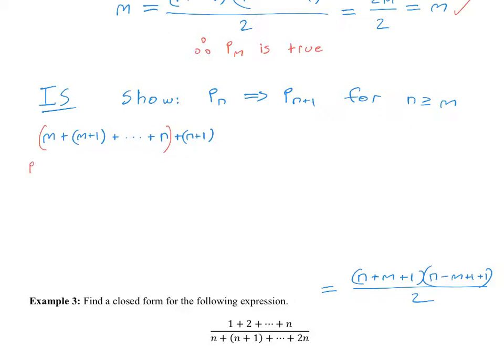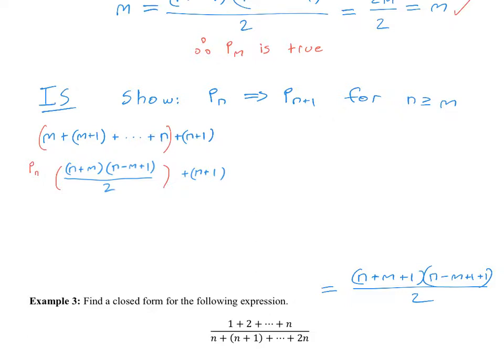So P sub n tells me that those red brackets are equal to n plus m all multiplied by n minus m plus 1 all divided by 2. And we'll copy the n plus 1 from above.